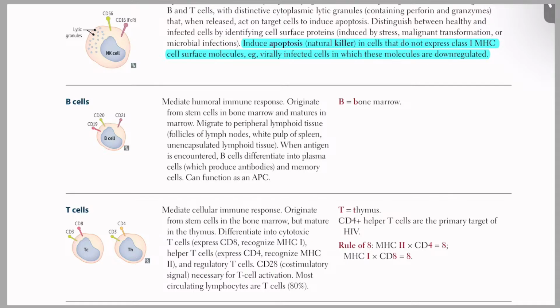When antigen is encountered, B cells differentiate into plasma cells which produce antibodies, and memory cells. Can function as an APC, antigen presenting cell. B cells: CD19, CD20, CD21. B equals bone marrow.